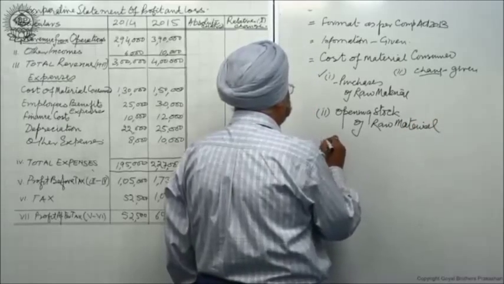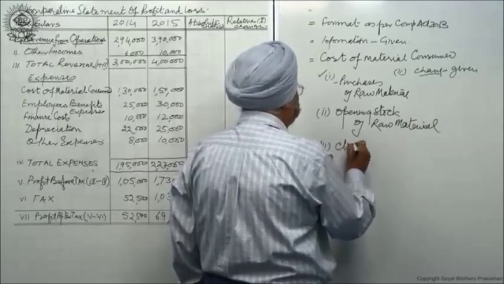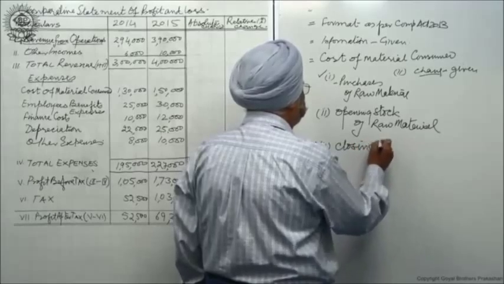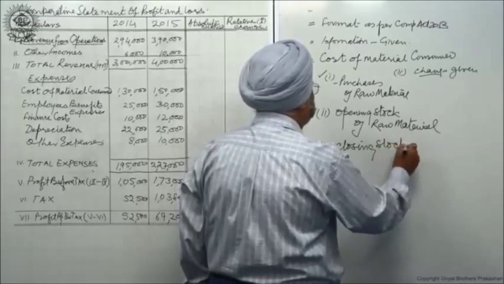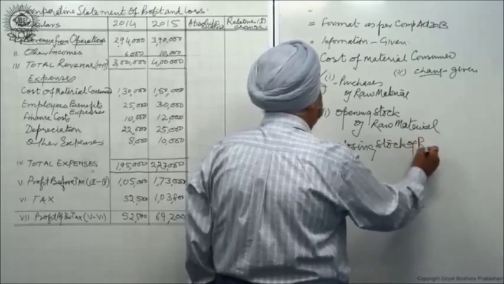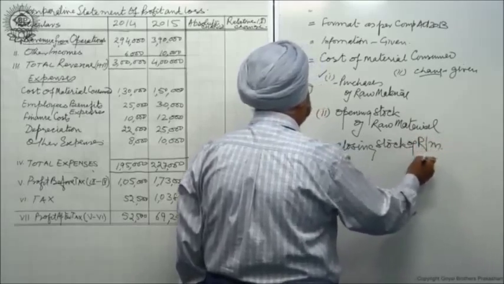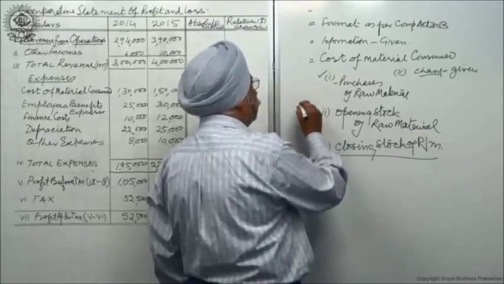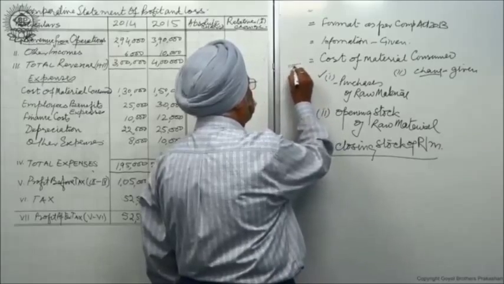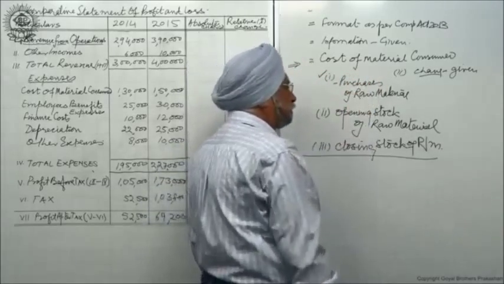The third thing also is given, that is the closing stock of raw material. These are the three things given, and you have to find out what is the cost of material consumed.